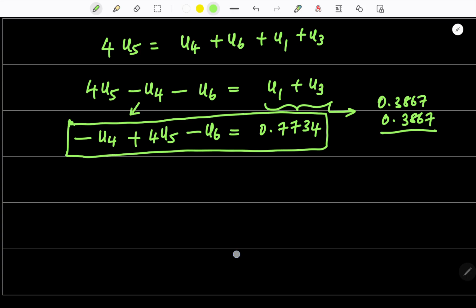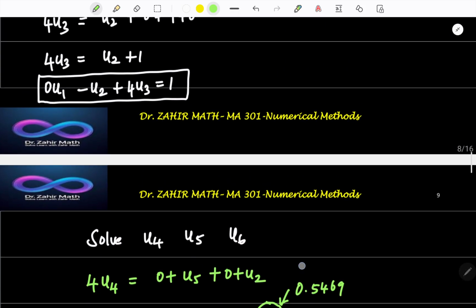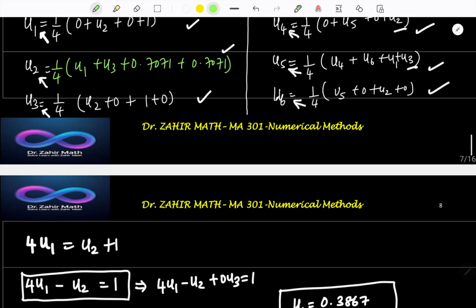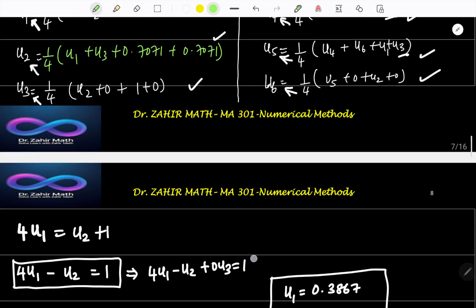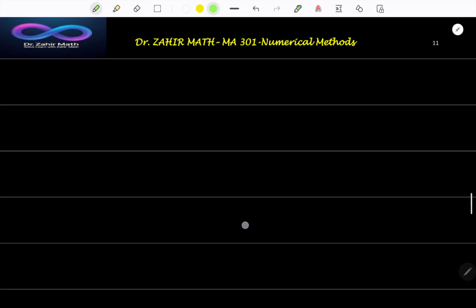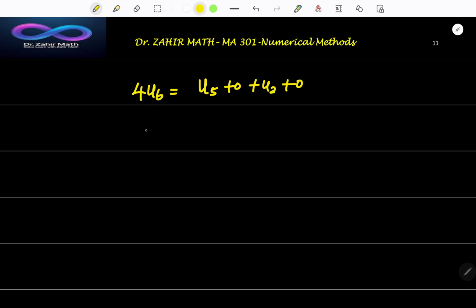Let me take the next equation. The next equation also you cross multiply: 4u6 is equal to u5 plus 0 plus u2 plus 0. So 4u6 minus u5 is equal to u2.